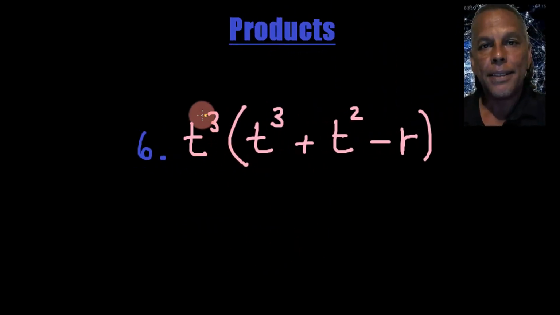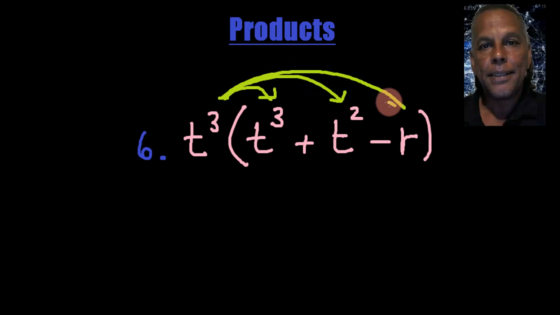So we multiply this t cubed into the brackets. Then t cubed times t cubed will be t to the power of 6 because we're adding the powers. Then we have this plus.